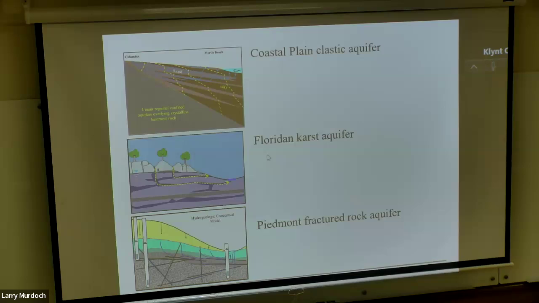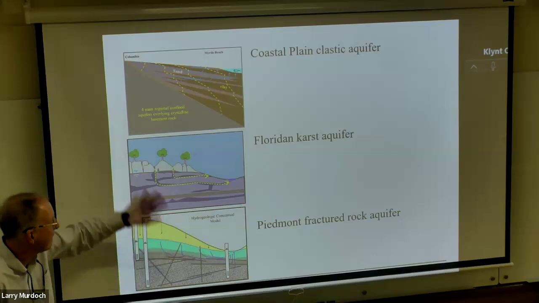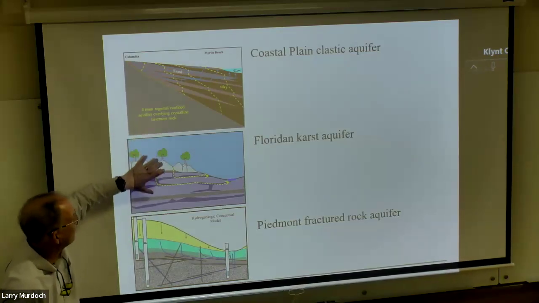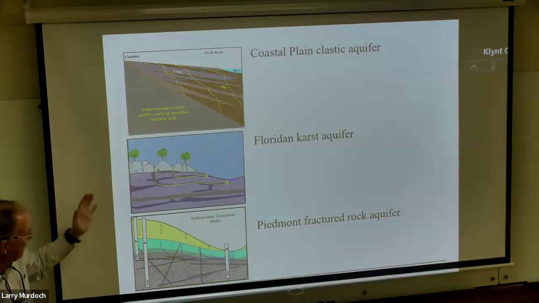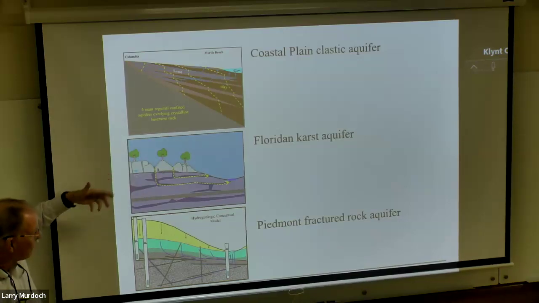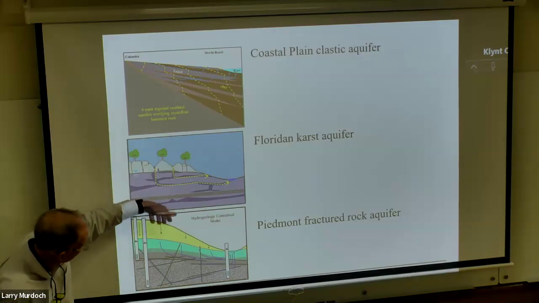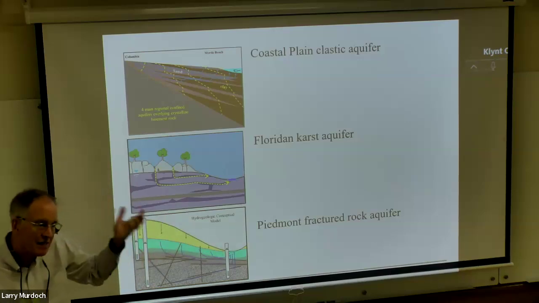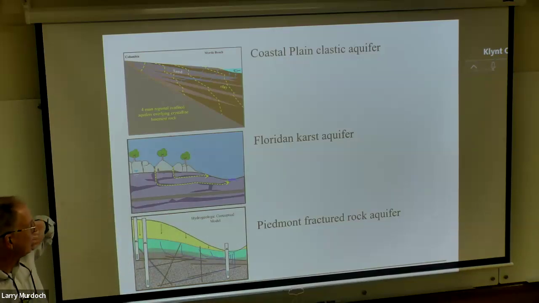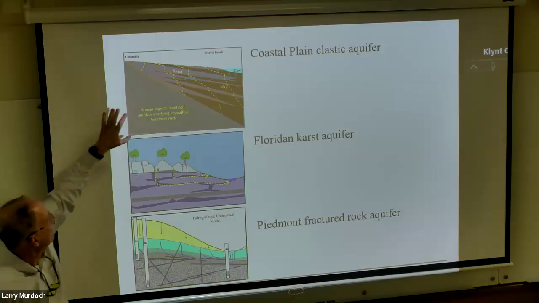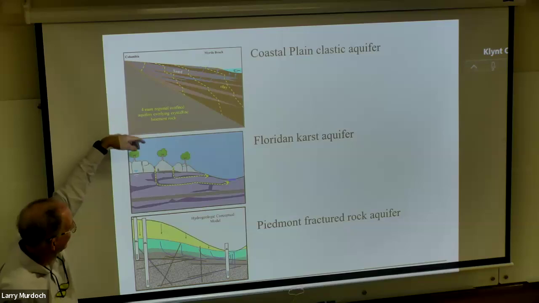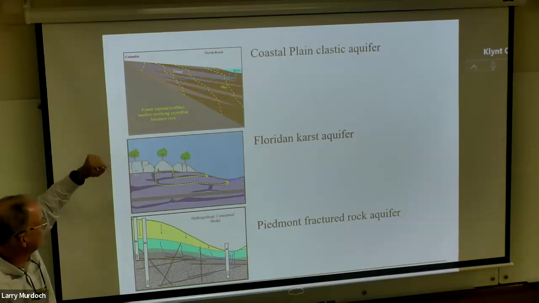So here's the summary. These are conceptual models of the areas around here: Piedmont, the coastal plain, and the Floridan karst. They're all having infiltration and recharge, and then flow and discharge to stream. So that's kind of a similar concept for all of them. We've got the regional flow system here in the coastal plain, in addition to the local flow system.